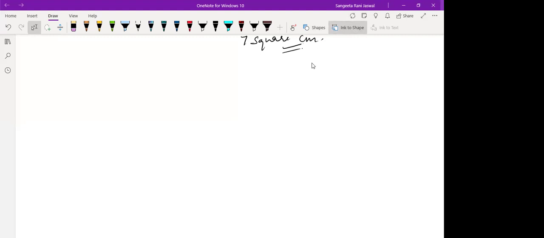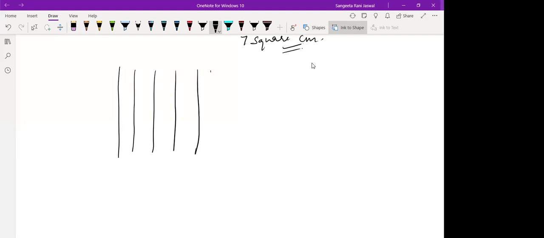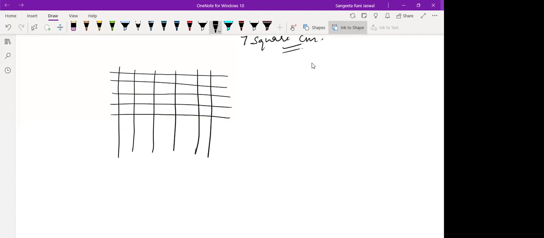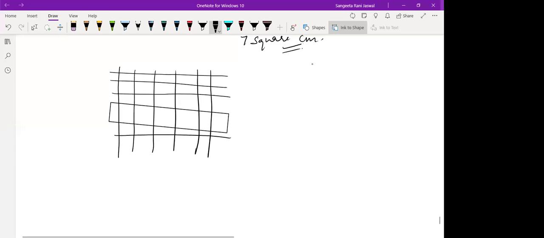Okay. So I'm just making like this. Just a rough figure, just to give you a practice of one. So just count this. One second.